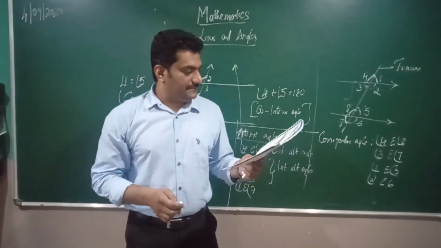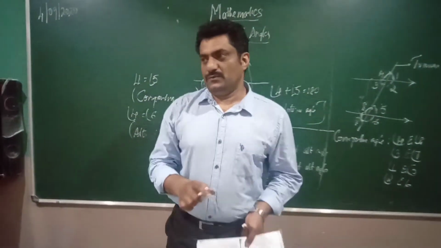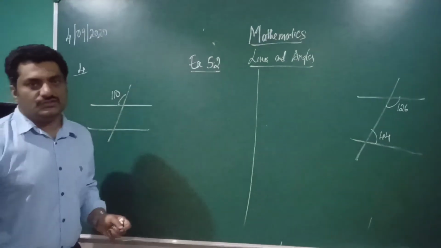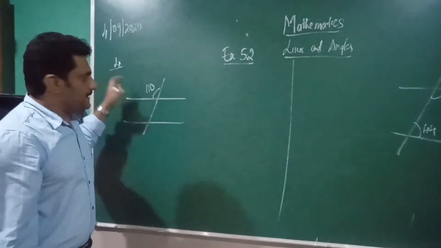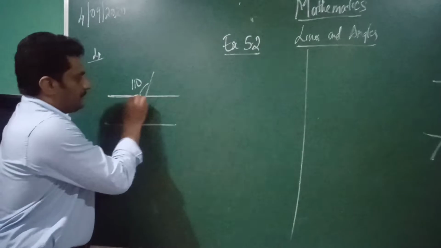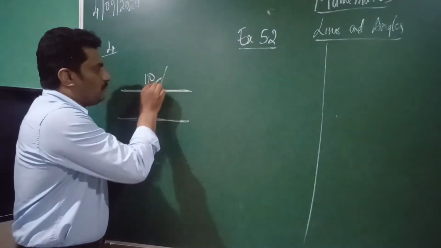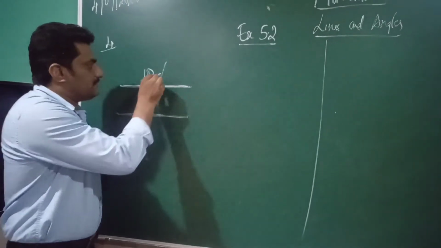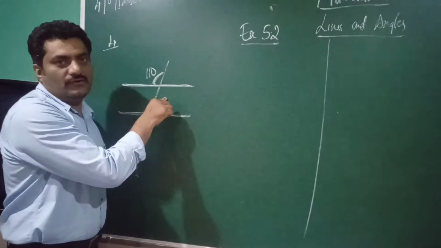Now in the third one, of exercise 5.2, they have given a diagram here and they have given one angle. We have 7 angles which we have to find. Using one angle, how can we get all the others?